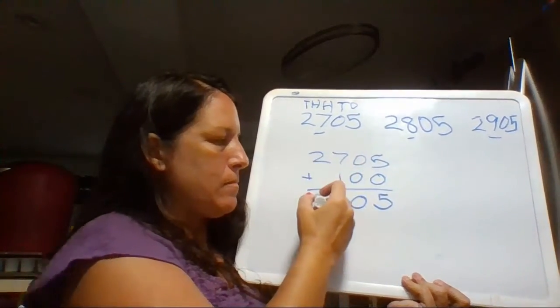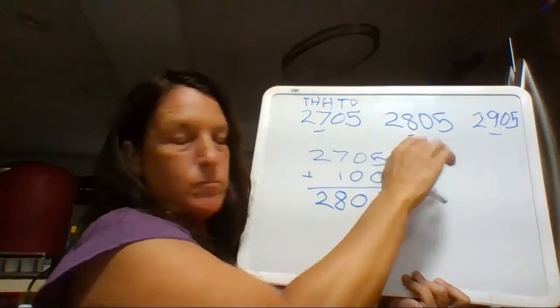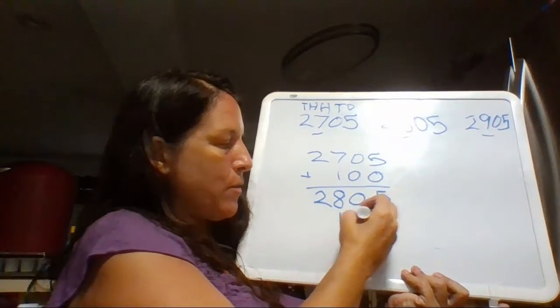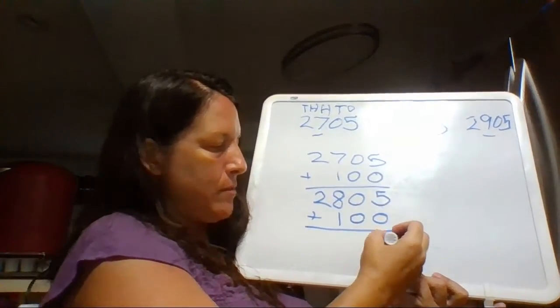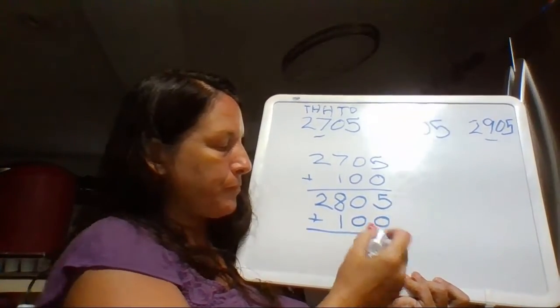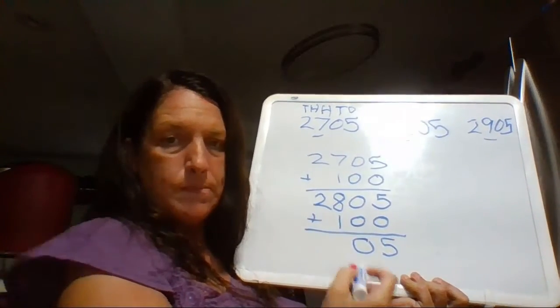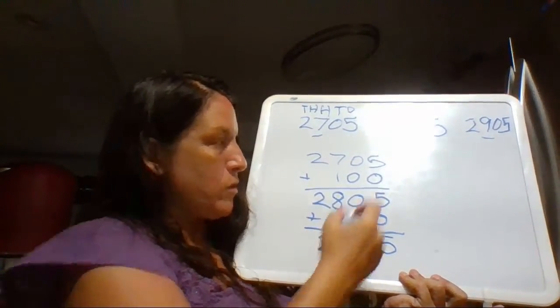What's 2 plus 0? Look what we get. We get the next number. Now let's add 100 again. What's 5 plus 0? What's 0 plus 0? What's 8 plus 1? What's 2 plus 0? Looky here.